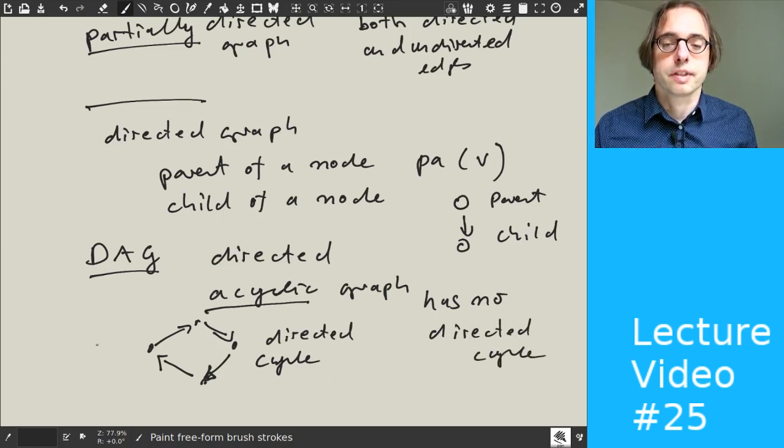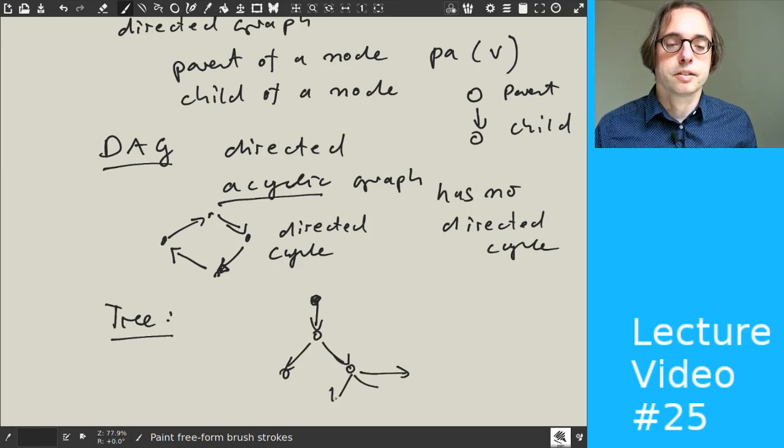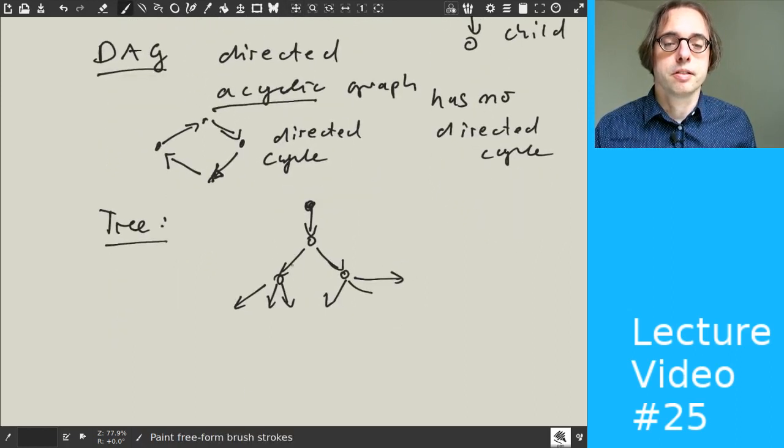And then a special DAG is actually a tree. So a tree has a root node, and then it goes down and branches off, and so on. At each node you can often have two children, but sometimes you have more. So then it's a binary tree or a non-binary tree.